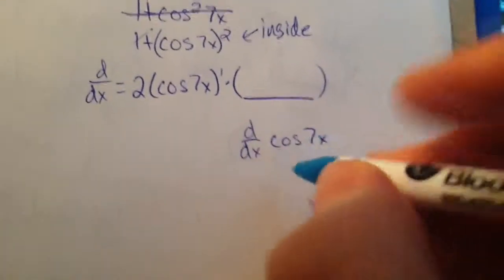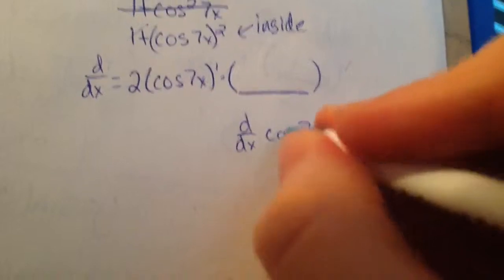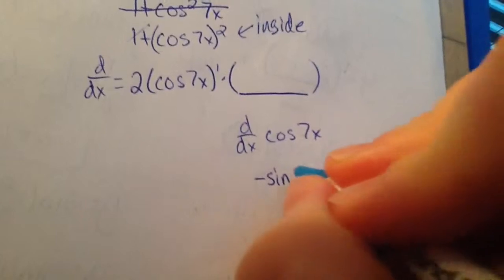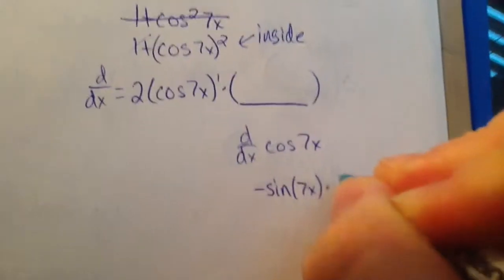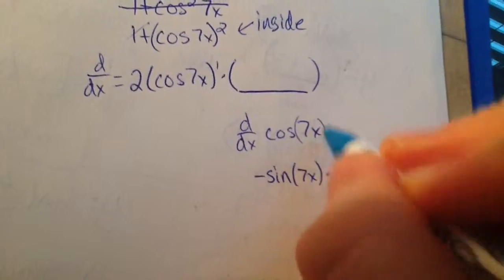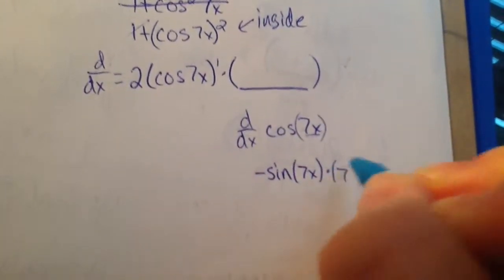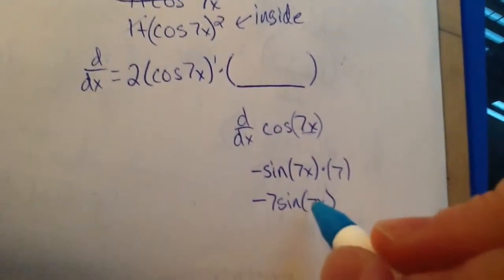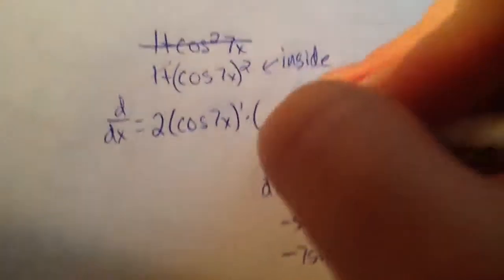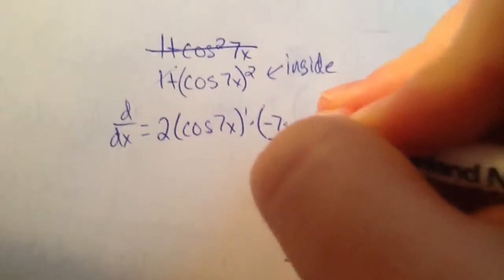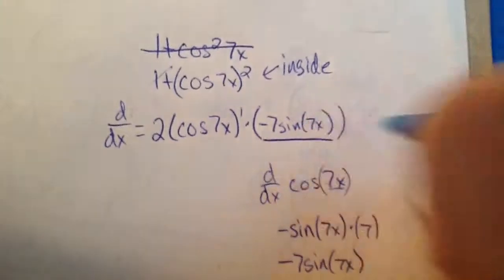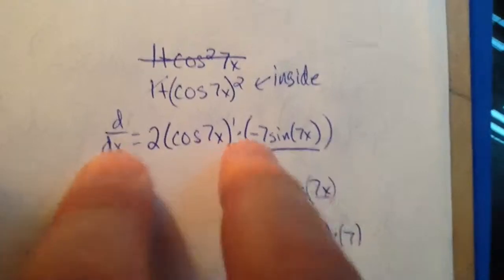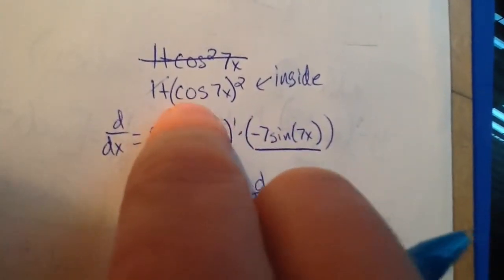More work. Cosine of 7x, got to do derivative of the outside, so derivative of just cosine, negative sine, times the derivative of the inside. Finally, it's easy. Derivative of the inside right here is just 7. So I have negative 7 times the sine of 7x. That's the derivative of the inside of this piece, so that's what goes here. Remember now what we were doing, this is the derivative of this.